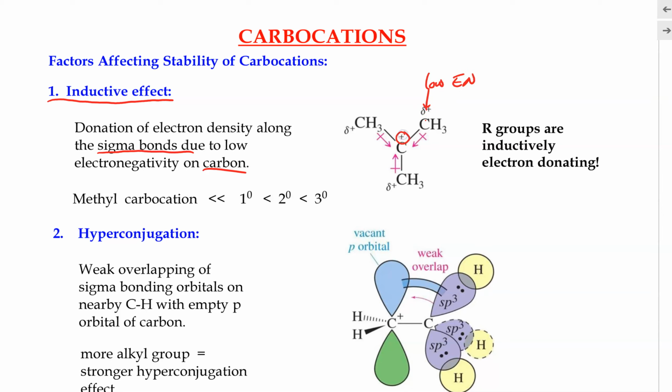And when this carbon right here is positive, it can attract electrons from this carbon-carbon bond to this cation right here in the middle. And because the carbon has low electronegativity, it has the tendency of donating electrons in to stabilize this carbocation. So this is the inductive effect.